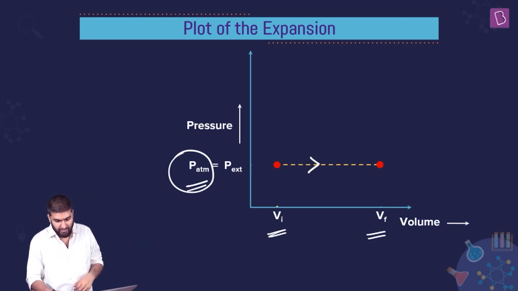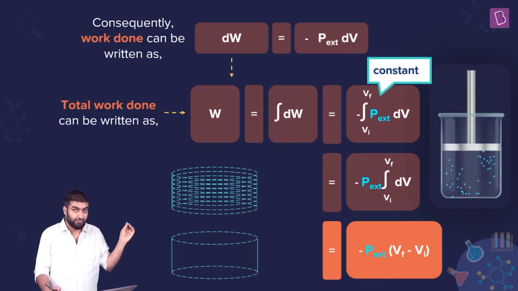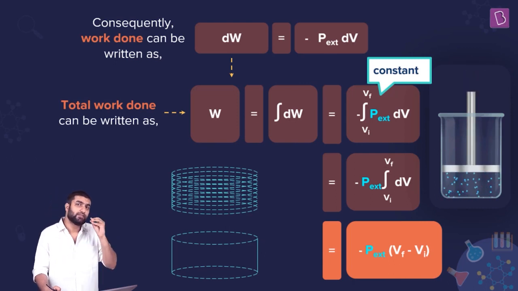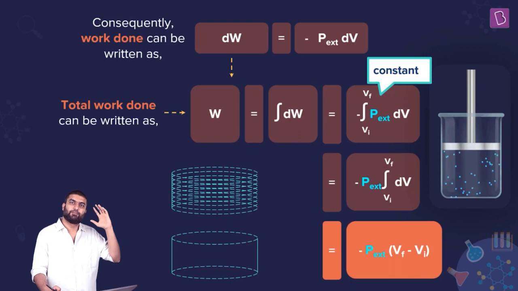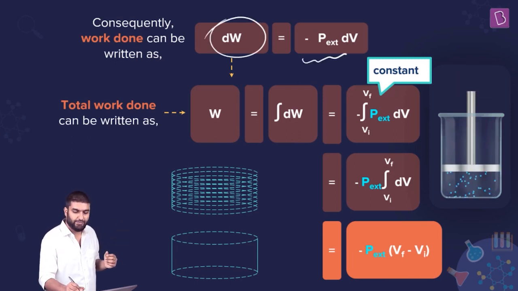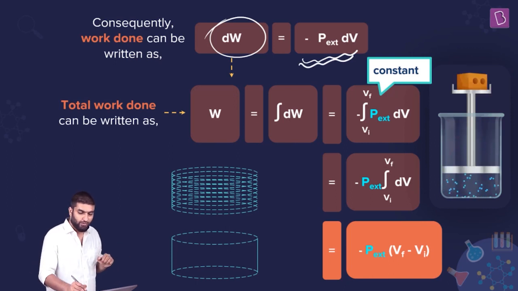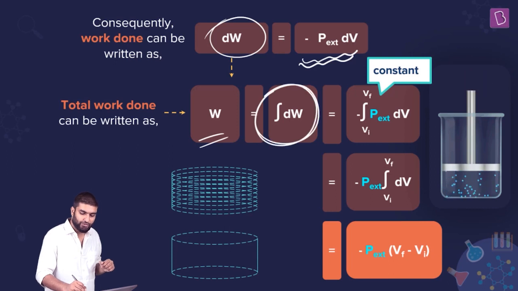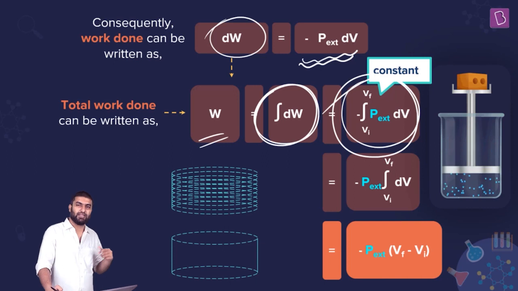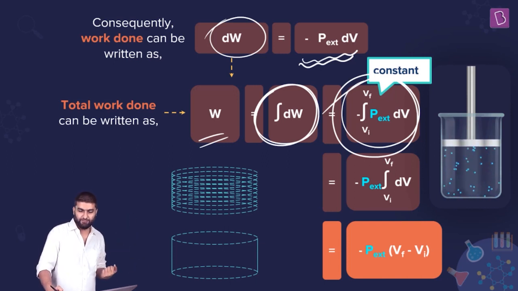Now, this might seem like a lot of information, so take a minute. This is something that we have already done, not just in today's session, but previously as well. We know that dW is equal to minus P external dV. We know that W is equal to the integration of dW, that is, the integration of minus P external dV. Limits are obviously V initial to V final.